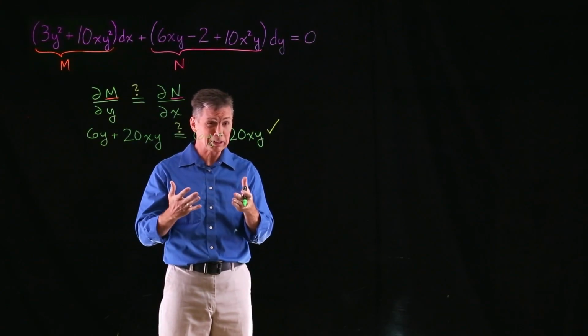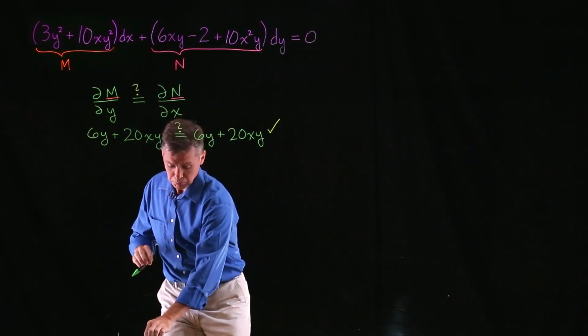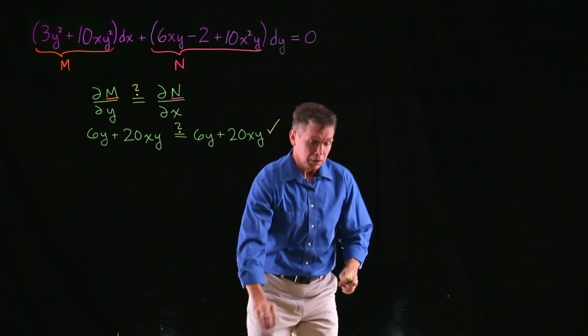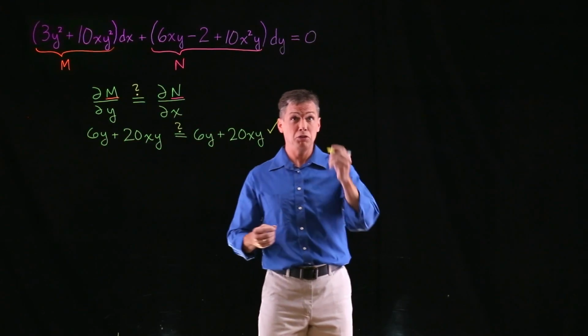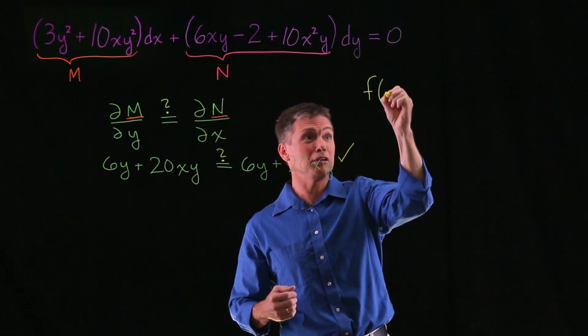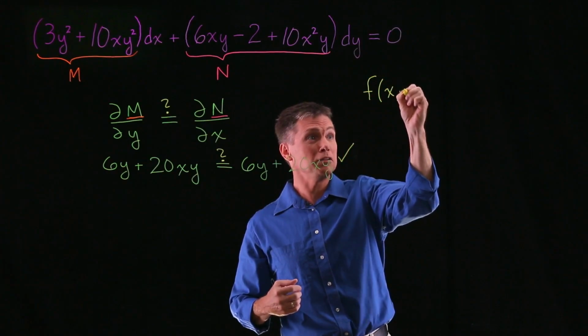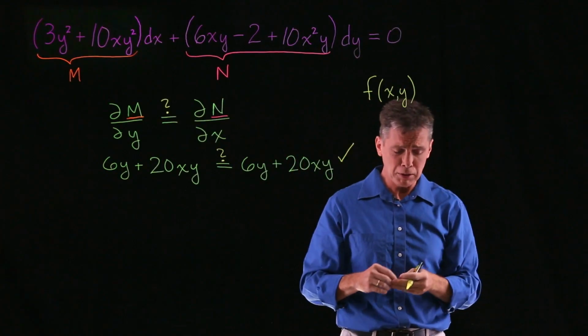Now, maybe more importantly, let's find the answer. Let's find the general solution. So let me slide over here. The main work you're going to do to find that general solution is you need to find lowercase f of x, y. Actually, how you label it's not important, but that's the standard.